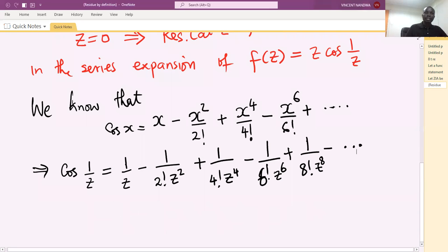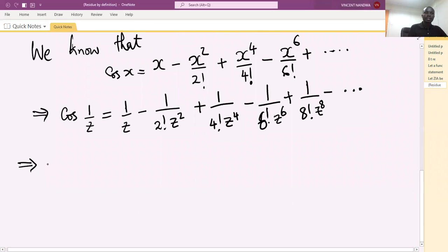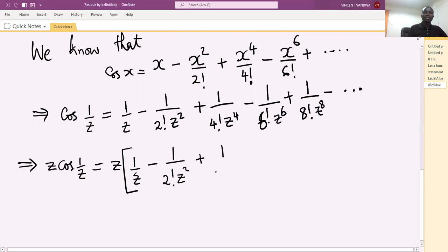Which implies that z cos(1/z) will be z times this series: 1 − 1/(2! z²) + 1/(4! z⁴) − 1/(6! z⁶) + 1/(8! z⁸) − other several terms of the same pattern.